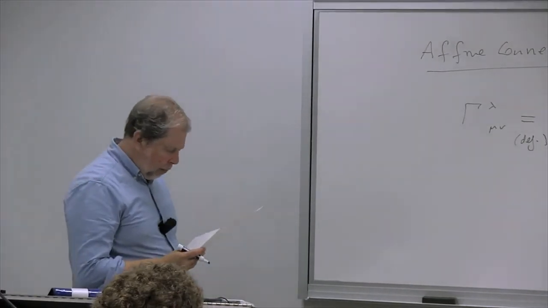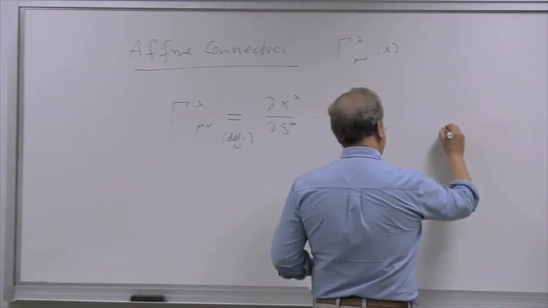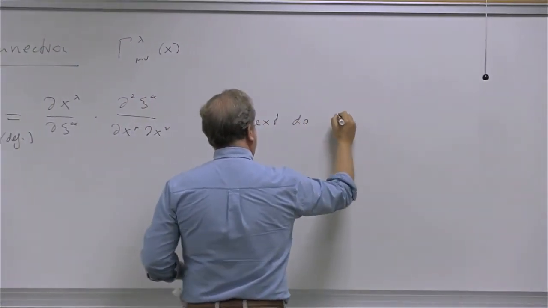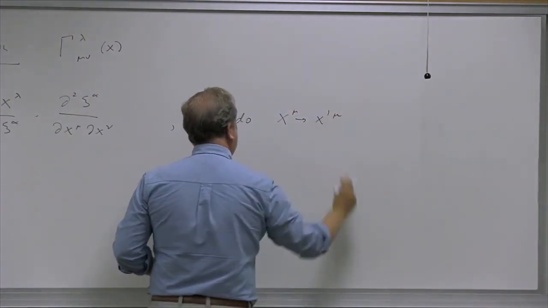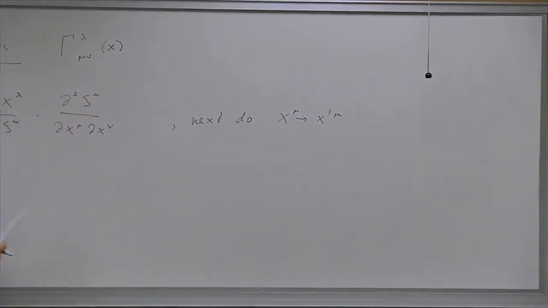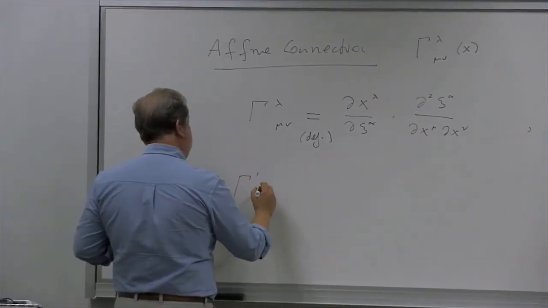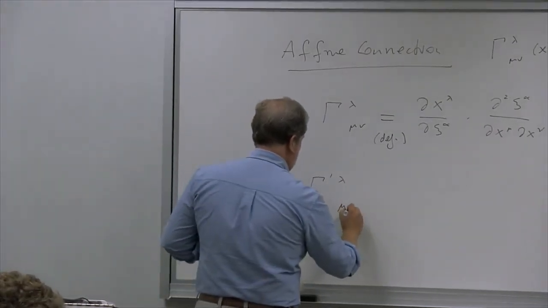But the point is that here, you can do a coordinate change, where x^mu goes into x'^mu. And now you can calculate Gamma'^lambda_{mu nu}.